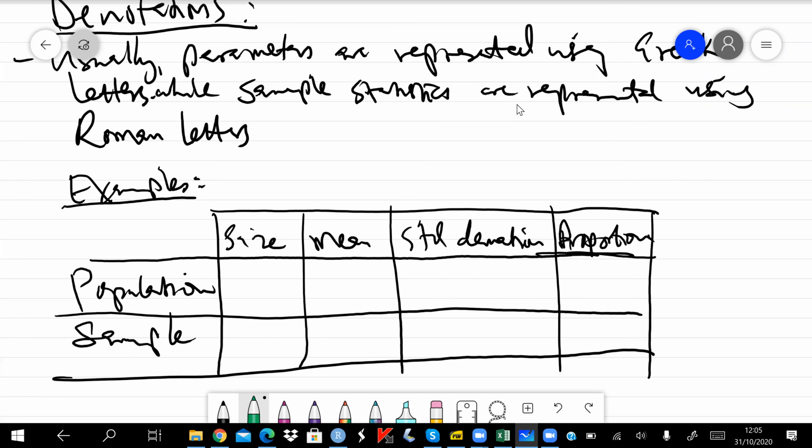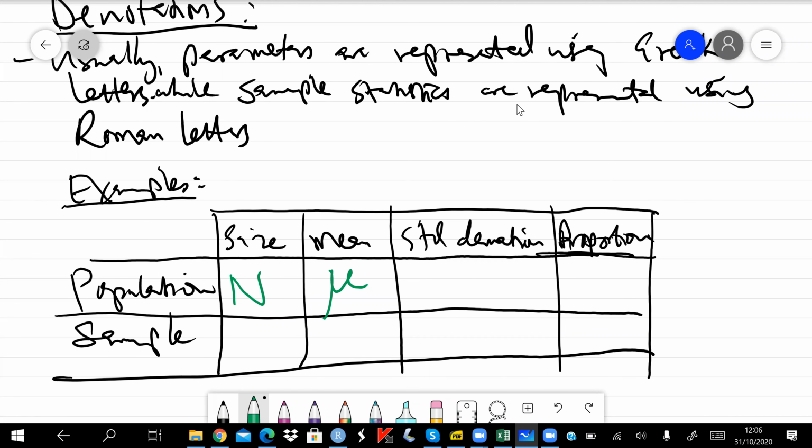This cell here represents the population size. The population size is denoted using a Roman letter, not a Greek letter: capital N. There's a reason why we don't use the Greek letter corresponding to that. Then the population mean is denoted using the Greek letter mu.